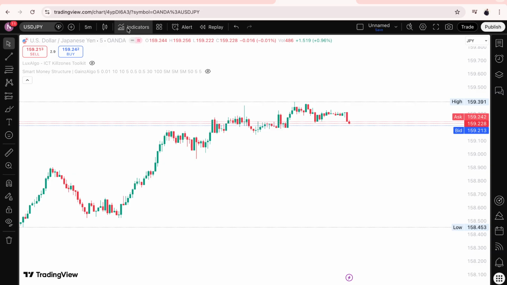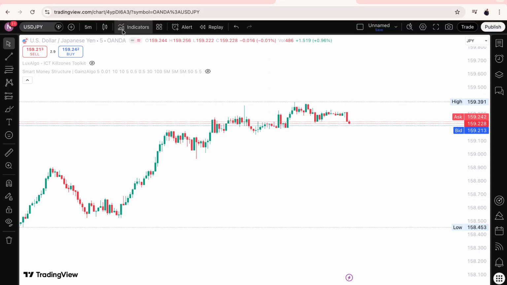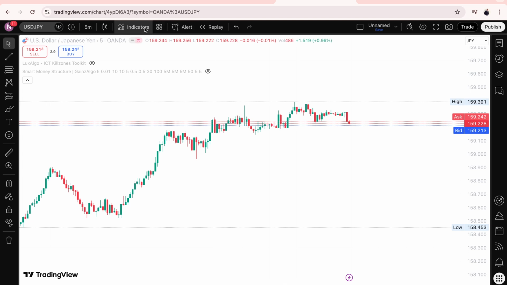So make sure you click on indicators. After clicking on indicators, it will show you which strategy you are supposed to use.